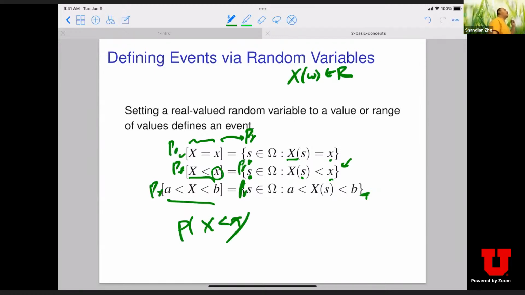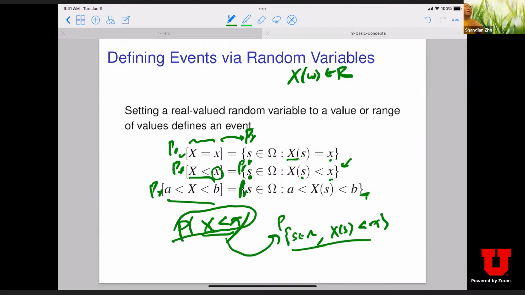Big X less than x corresponds to one set of samples in the sample space such that the random variable values at s are less than x. This is an event, so the probability of this event is represented by P(big X less than small x). Does it make sense? Okay.